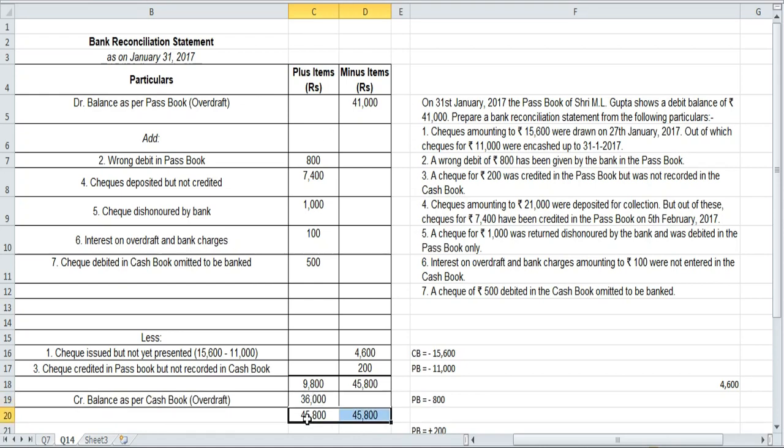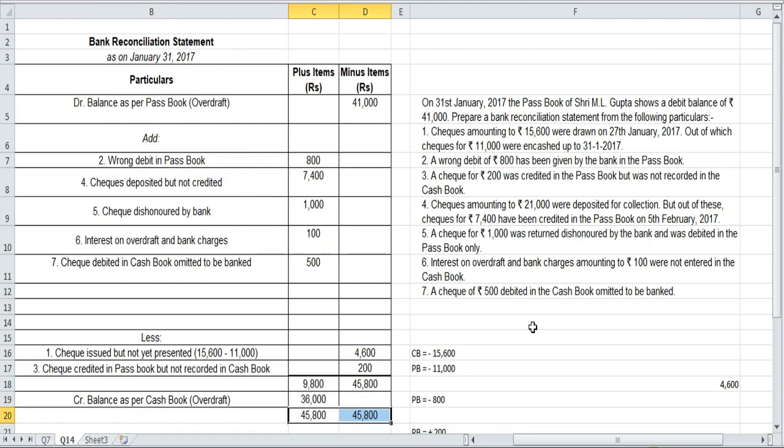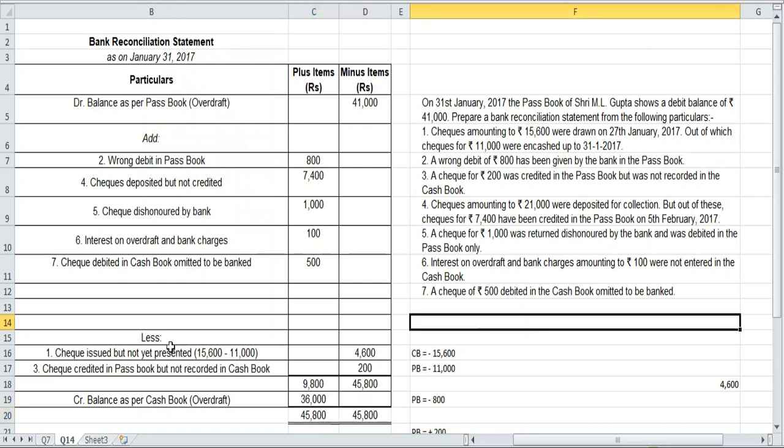And here we'll close with a double line. Okay, so when we start with the passbook, we move the passbook and match with the cash book, and the debit balance as per passbook will close as credit balance as per cash book.